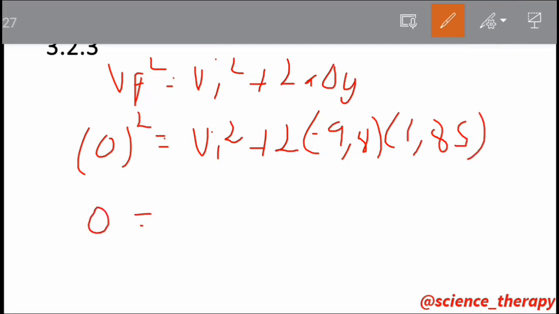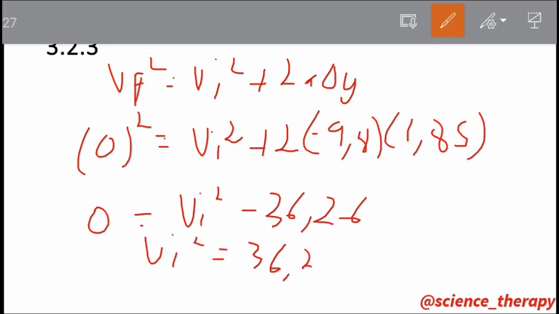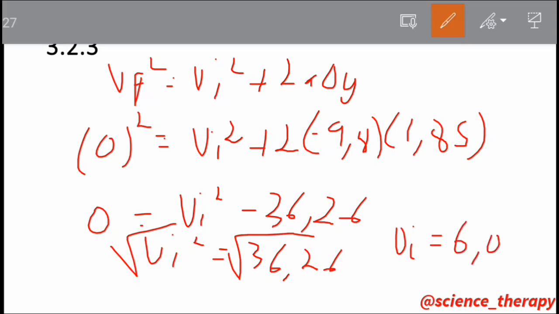So we have 0 equals vi squared, and punching that into your calculator gives you negative 36.26. Then we have vi squared equals, remember we have transposed the negative, now it's positive. Then taking the square root of both sides, our vi is now 6.02 meters per second, right?